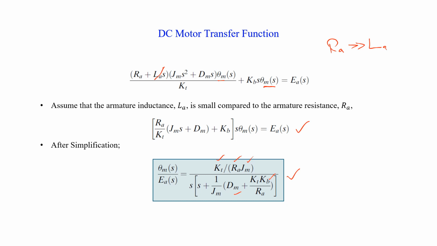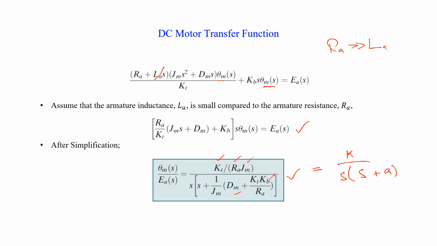The final form of this transfer function will be much simpler than the form here. This will be just some constant divided by s into s plus another constant a.